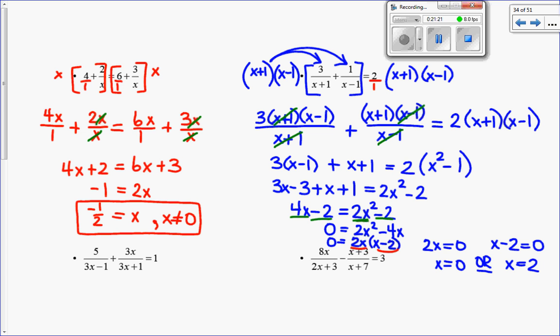Okay, but when I do go back to my equation, I can see that the only values that x cannot be are x cannot be equal to positive or negative 1. Okay, so I do have two solutions. X is 0 or x is 2. Either one of those will make this equation true.